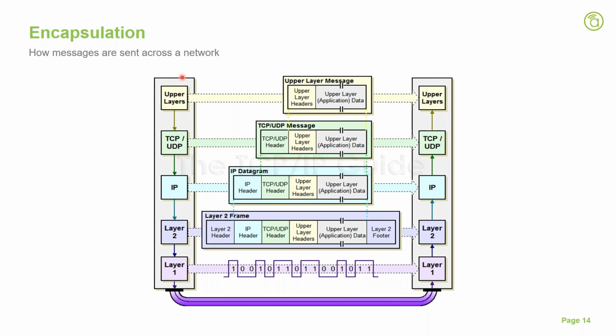So think about a computer and a server, computer and computer, a mobile and a server. And you can see, the application's data becomes a payload to another layer that adds a header, and another layer that adds a header, and another layer that adds a header, and then at the end of the day, layer 1 converts this message into bits that go into electrical signals, ones and zeros across the network.